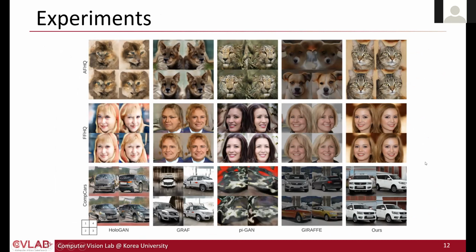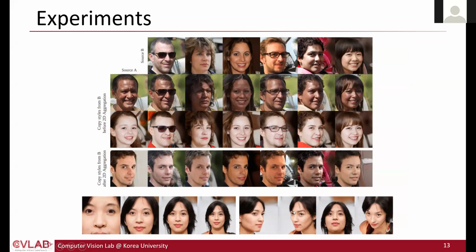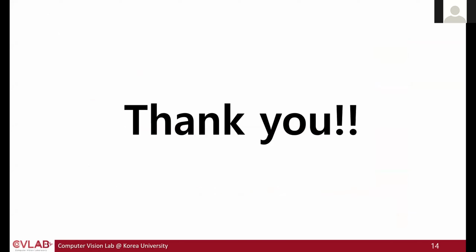StyleNeRF is presenting very good quality. Also, they can change styles and the camera position very well. So this is the end of my presentation, and I will continue on code explanation.